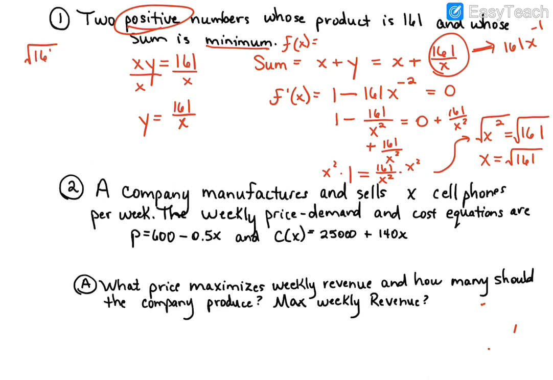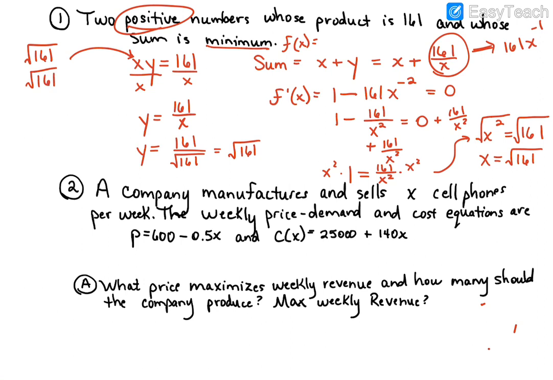And then if you were to plug that back in to this original, or actually you could do it down here in order to find your y. If you take 161 and you divide by the square root of 161, you actually get another square root of 161. And so both of the positive numbers are square root of 161.